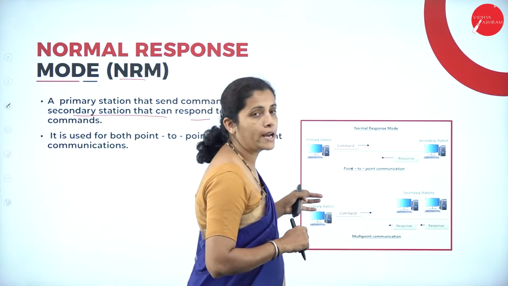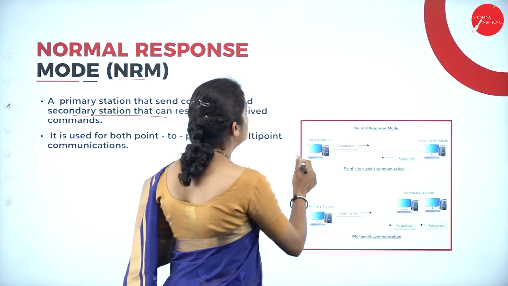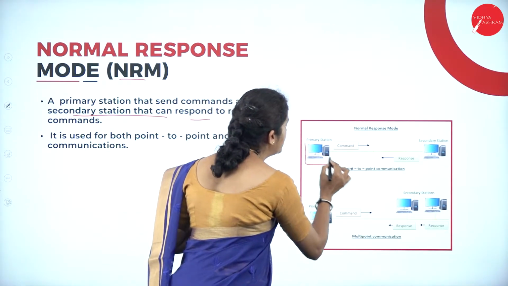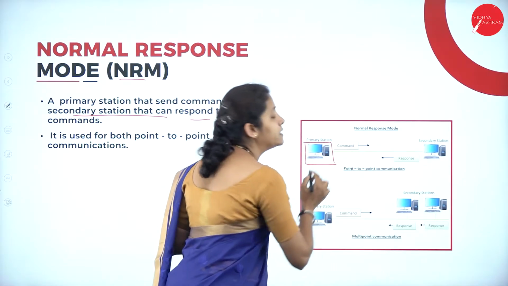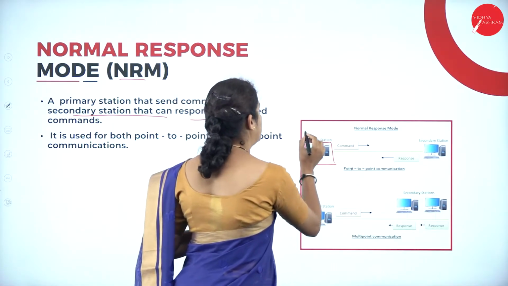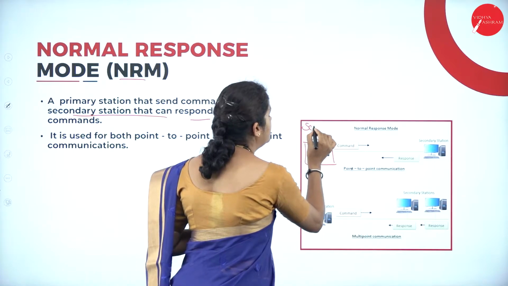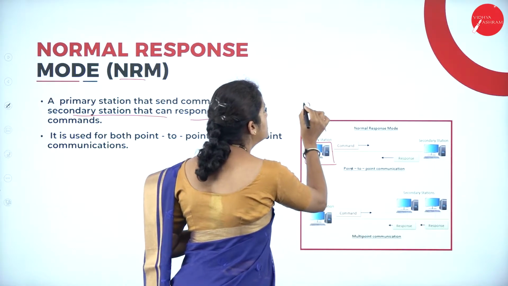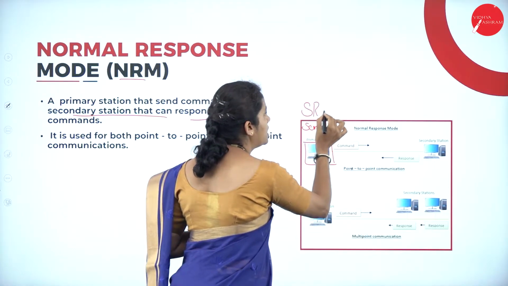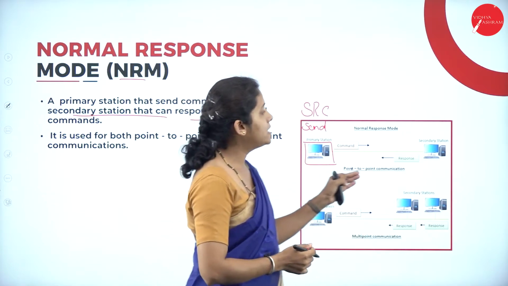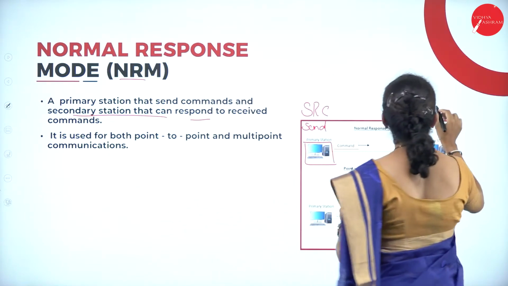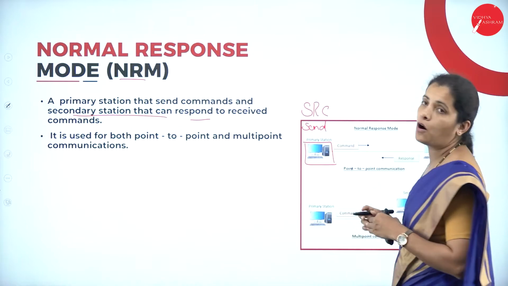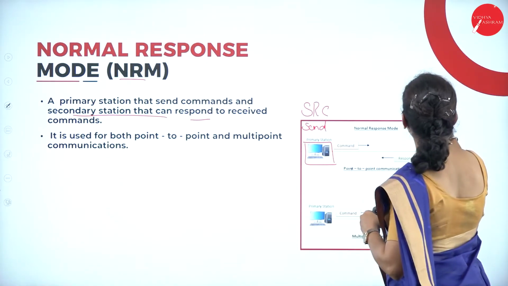So this is the diagram we have. The primary station is nothing but a sender, or you can consider it the source. I'll write SRC. Whereas the secondary station is your receiver, or it may be the destination.